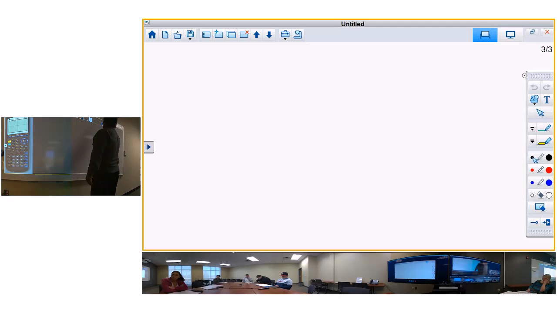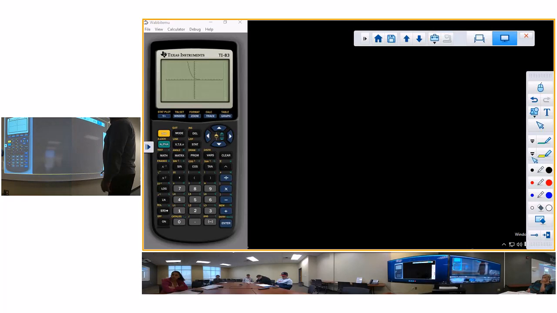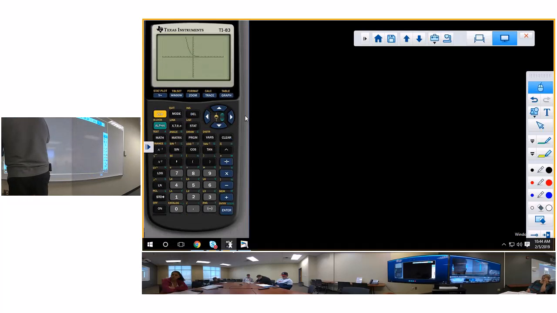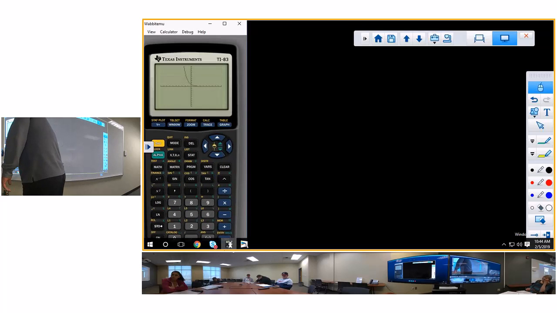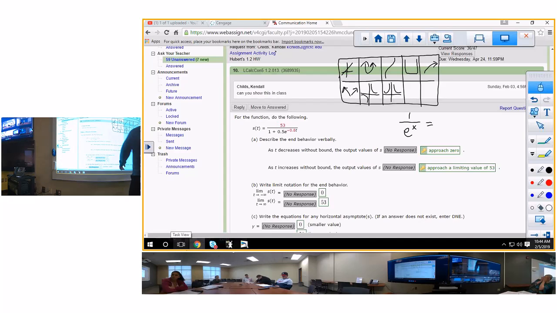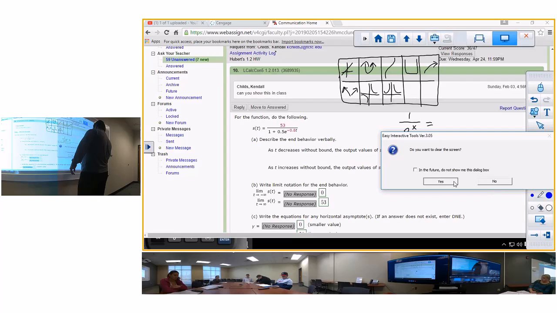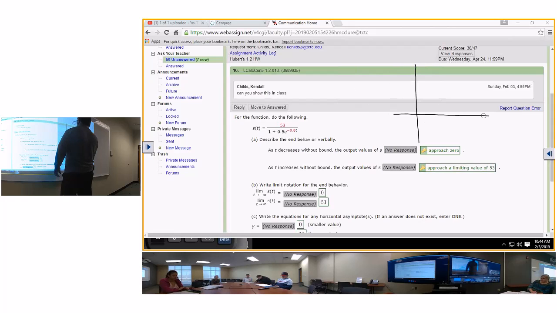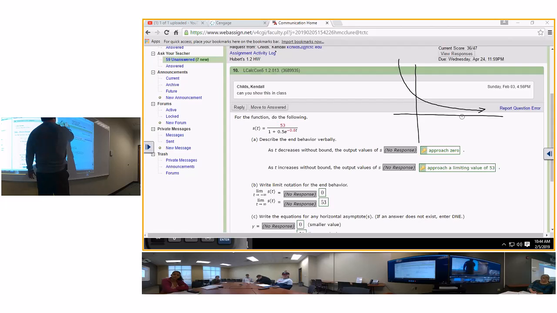Let me see if I can pull this up. There it is. There we go. All right, so get rid of this. We know this function looks something like this. I blew it up a little bit, and this is 1.